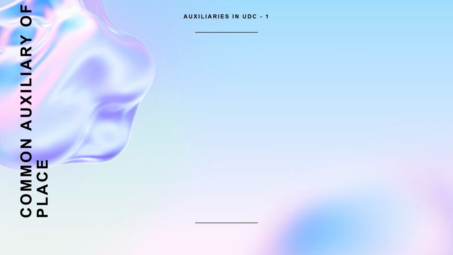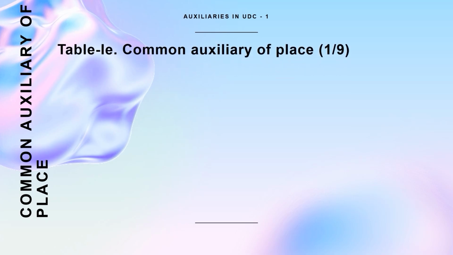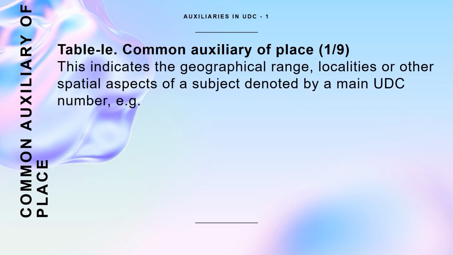Next, common auxiliaries of place. This common auxiliary indicates the geographical range, locality or other special aspect of a subject denoted by a main UDC number.